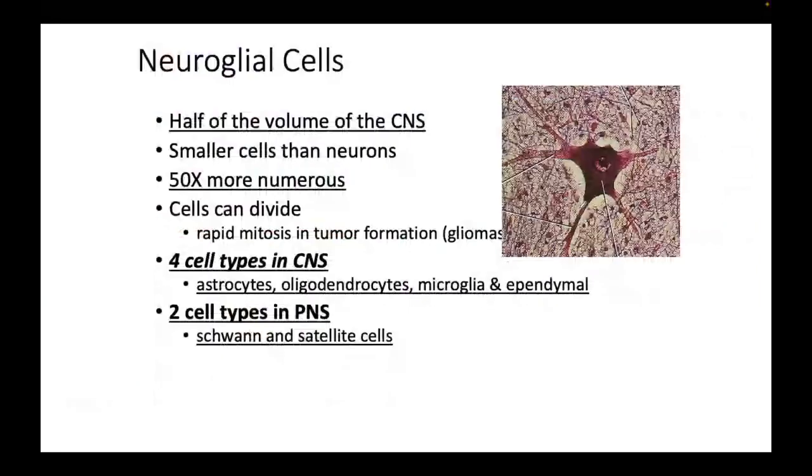On this next run, we are going to be talking about the neuroglial cells. Now, we've already talked about neurons. Remember, we said we have two types of cells.